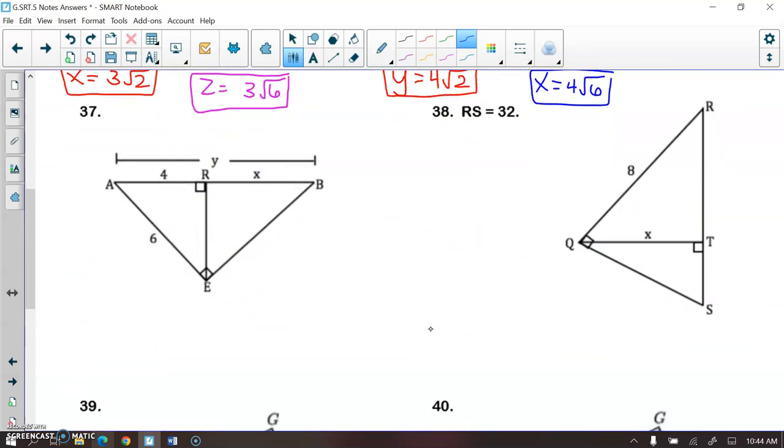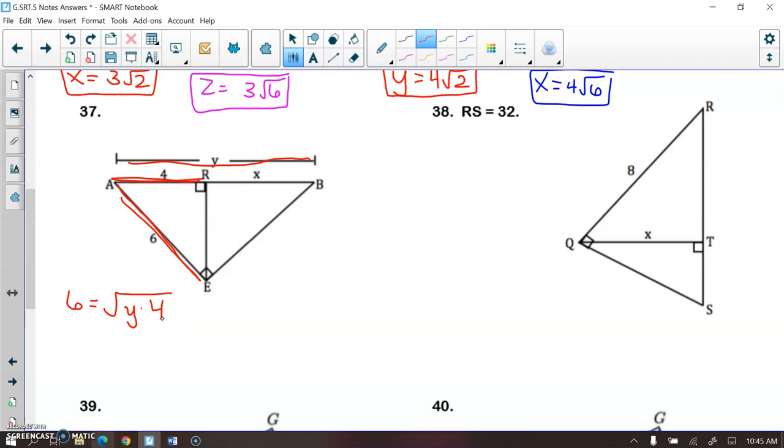All right, looking at 37. Let's find x first using this leg. This leg of 6 is going to be equal to the product. Actually, I'm going to find y first. I apologize. The product of my whole hypotenuse times the part that it's adjacent to, which is 4.